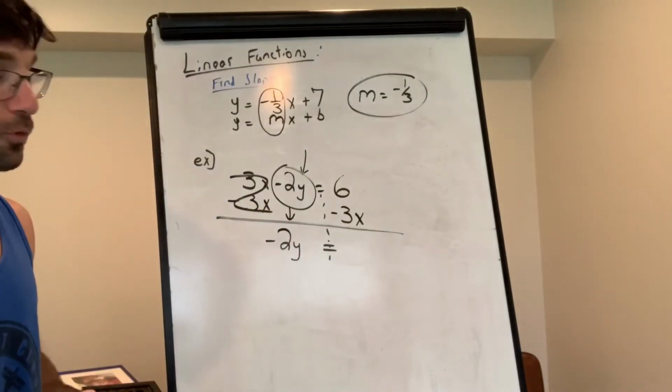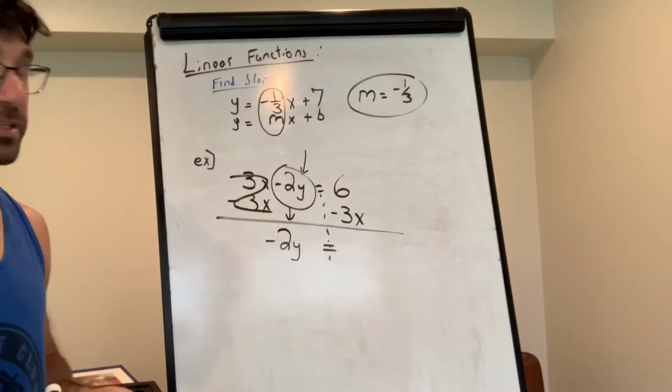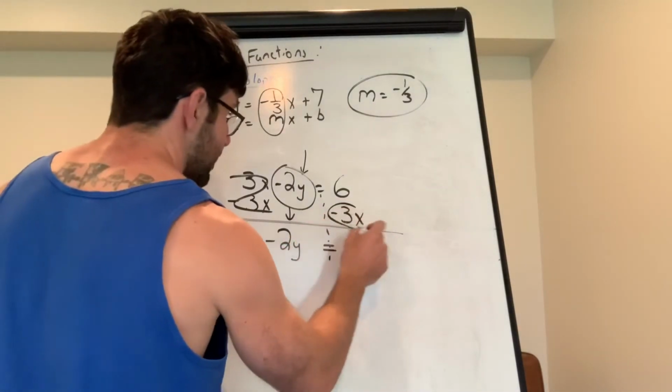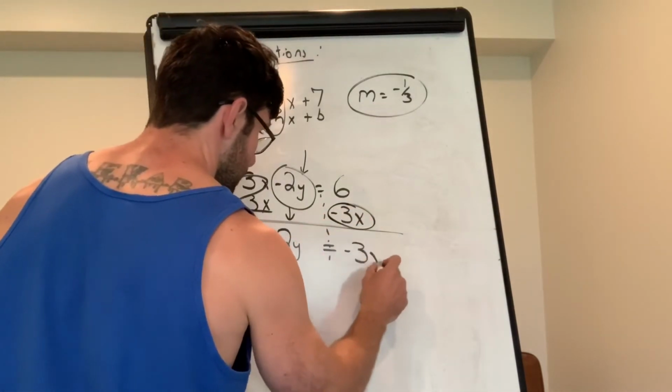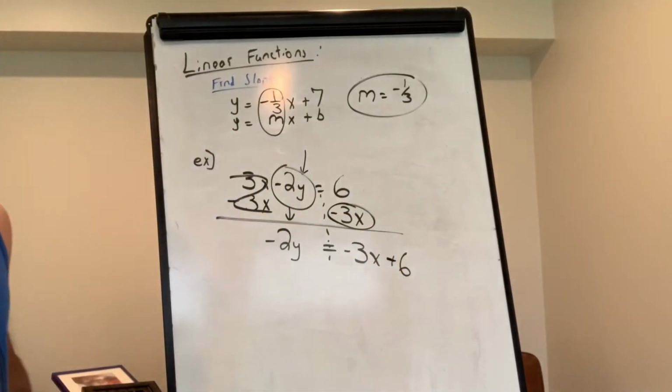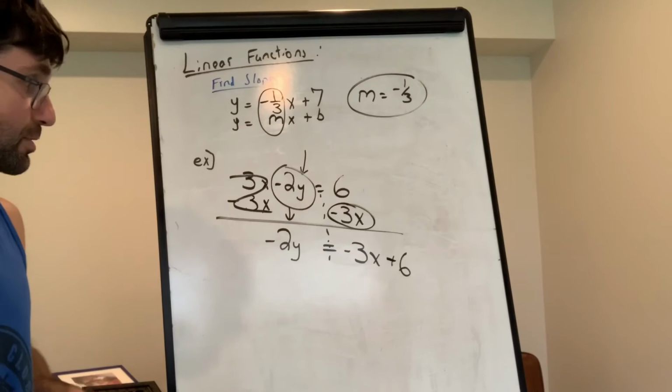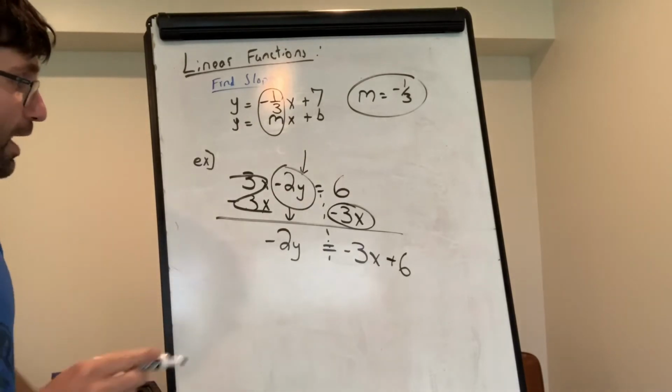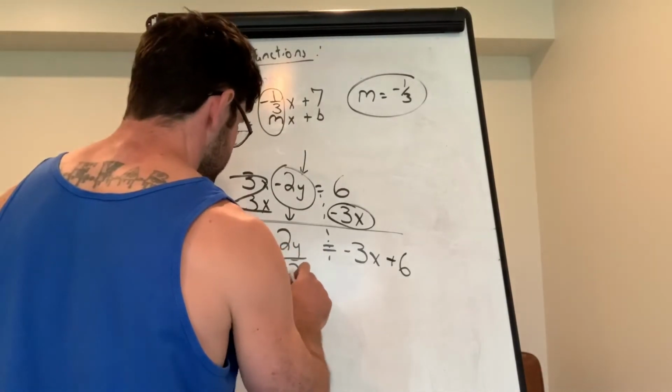Remember, slope-intercept form, y equals mx plus b. So I want to keep the x term closest to the equal sign. It's a positive 6. I cannot combine those. Why? Because they're not like terms. Last but not least, to get y by itself, I need to divide by -2.